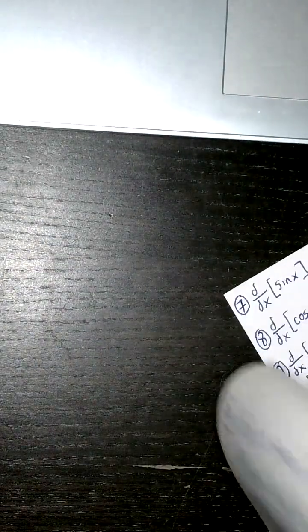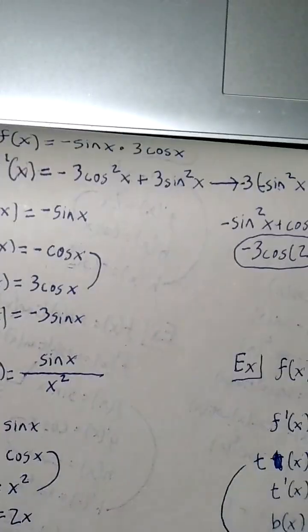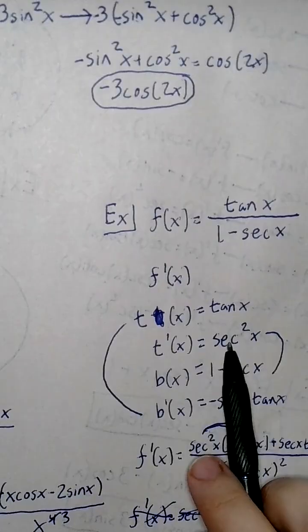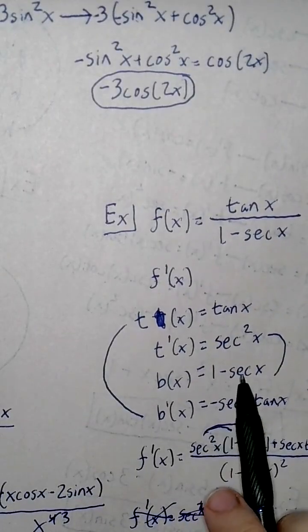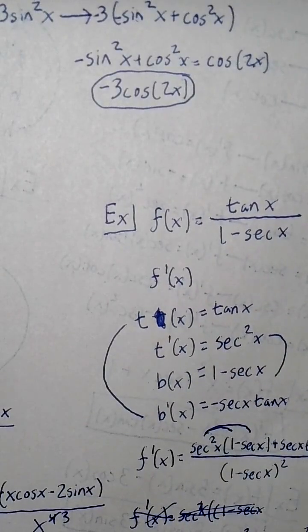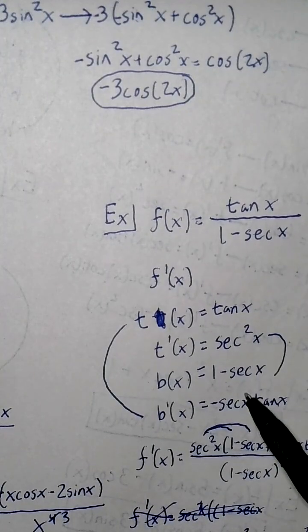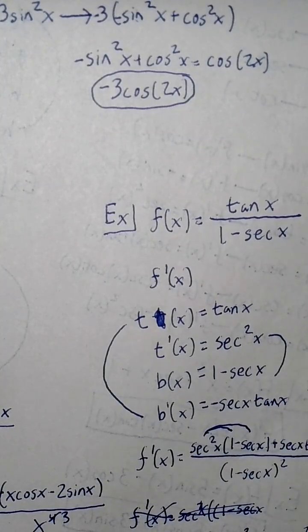Did I do this wrong? It is very much possible I did it wrong. Derivative of tangent is secant squared. That's right. Derivative of this is negative secant tan. That's right. Low d high minus high d low all over the square of what's below.